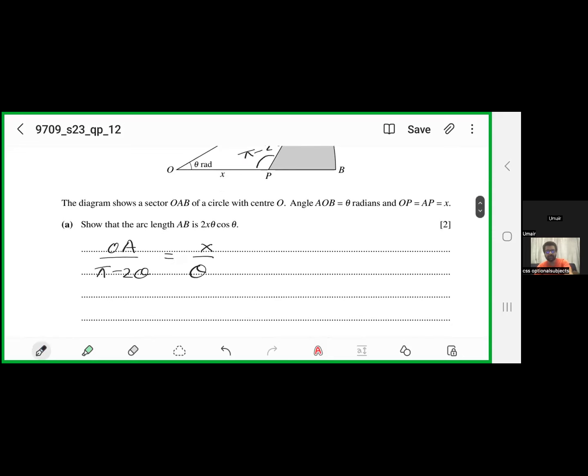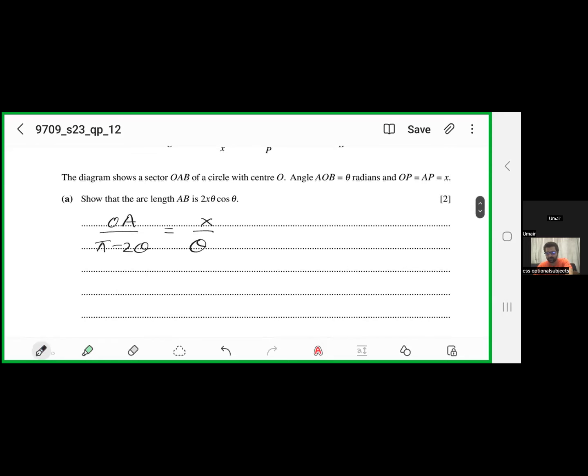So we can simplify this one. We have to find OA from here. The value of OA will be, using the sine rule: side length over the sine of the angle you are taking.